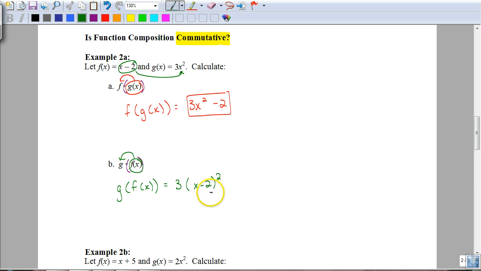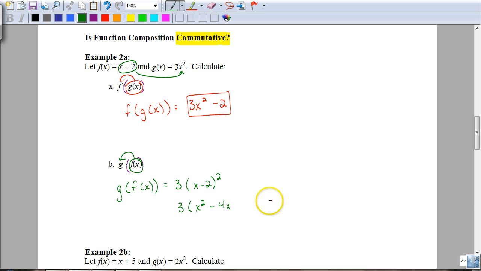Well, remember, we talked about the binomial square theorem. We have to square this first, so when I use the binomial square theorem, I square the x and get x squared. The shortcut is I take and multiply these two items together. X times negative 2 is negative 2x, and double that becomes minus 4x.